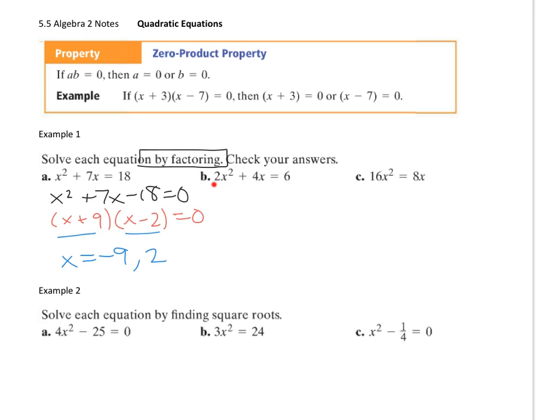For this one, I'm going to set one side equal to 0, so it's 2x squared plus 4x minus 6. Then I'm going to factor, and this one I can factor out a greatest common factor of 2.